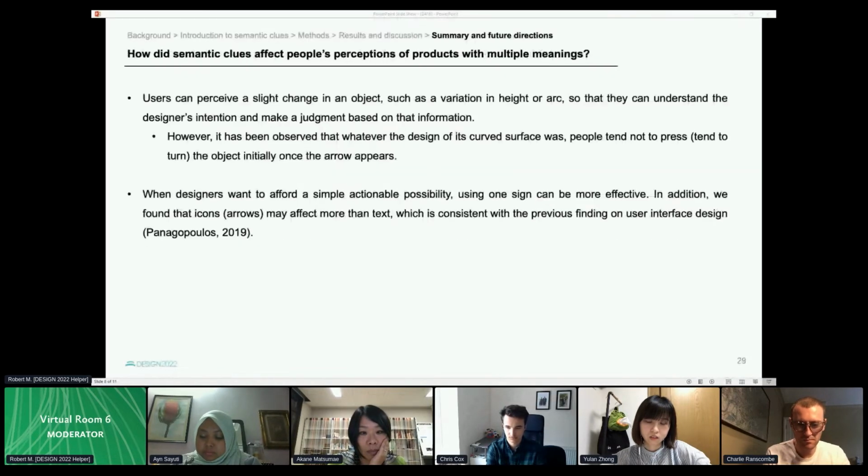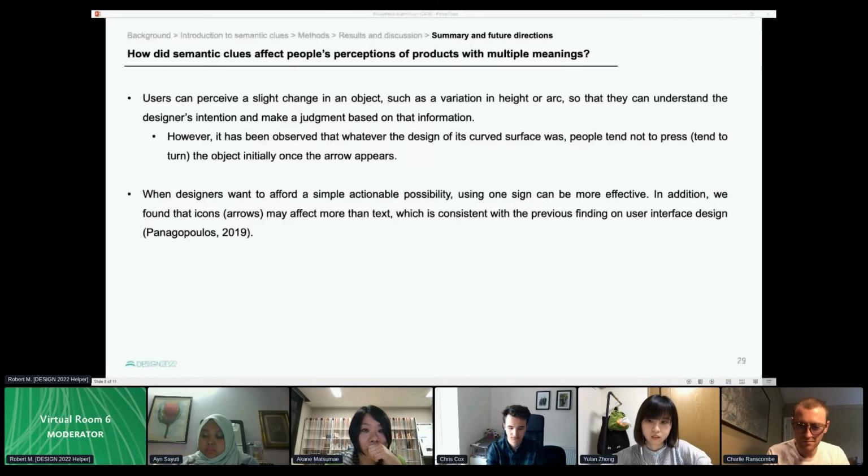To sum up, users can perceive a slight change in an object so that they can understand the designer's intention. However, it's been observed that whatever the design of its curved surface was, people tend not to press or tend not to turn the object initially once the arrow appears. When designers want to afford a simple actionable possibility, using one sign can be more effective.